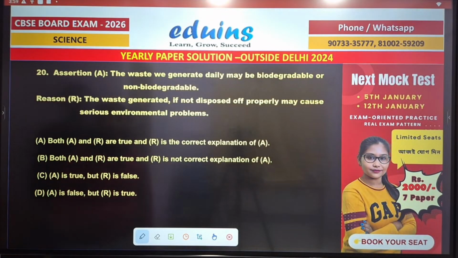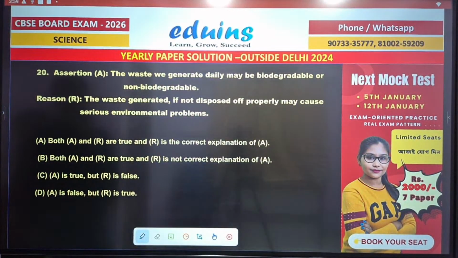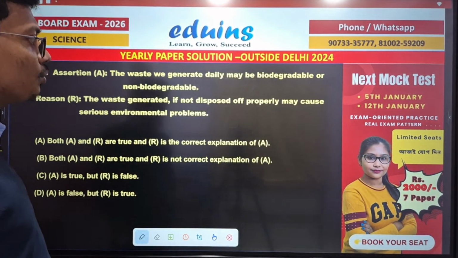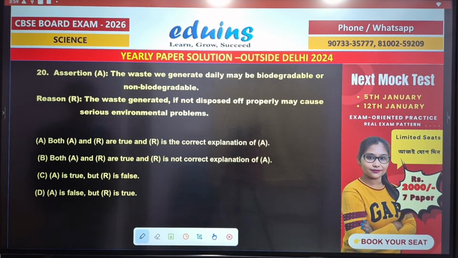Okay. This is also a question from the biology part. So, sir? Okay. The assertion says that the waste we generate daily may be biodegradable or non-biodegradable. And the reason says that the waste generated, if not disposed of properly, may cause serious environmental problems.